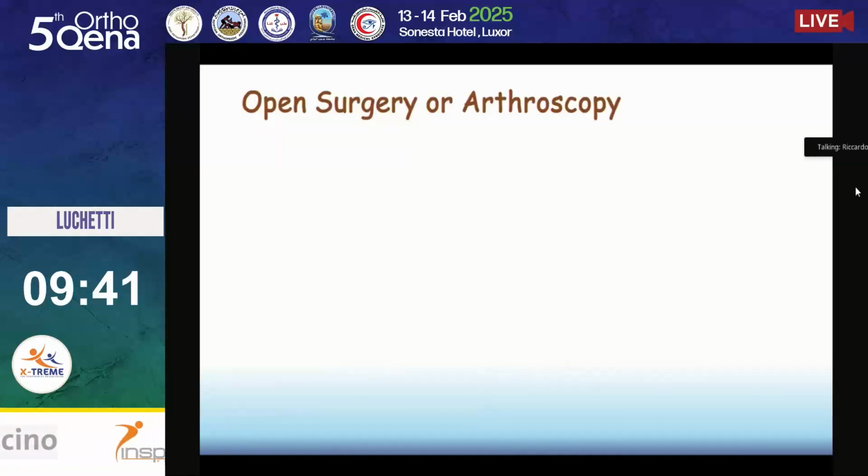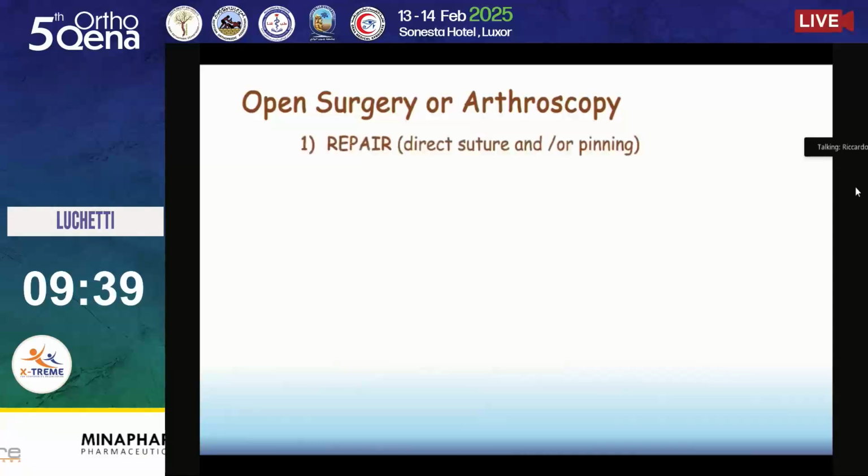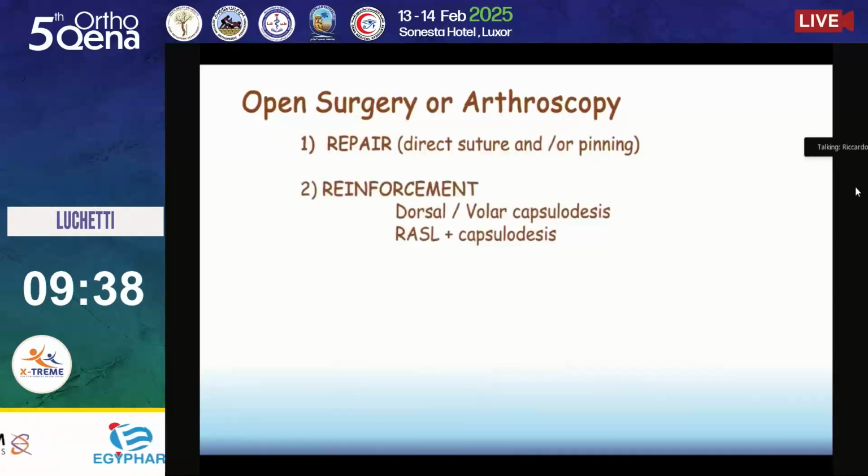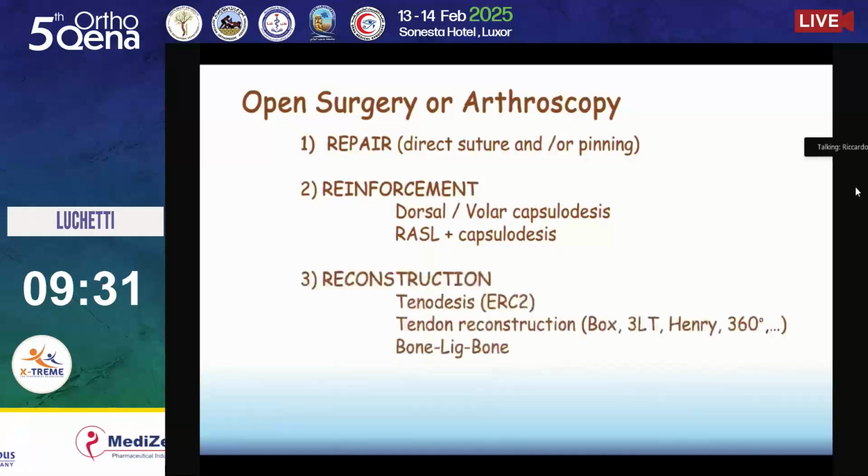Open surgery and arthroscopy could be available for this kind of treatment. Repair considers the suture, the direct suture of the ligament. Reinforcement is the capsulodesis or augmentation, volar, dorsal, or volar and dorsal.